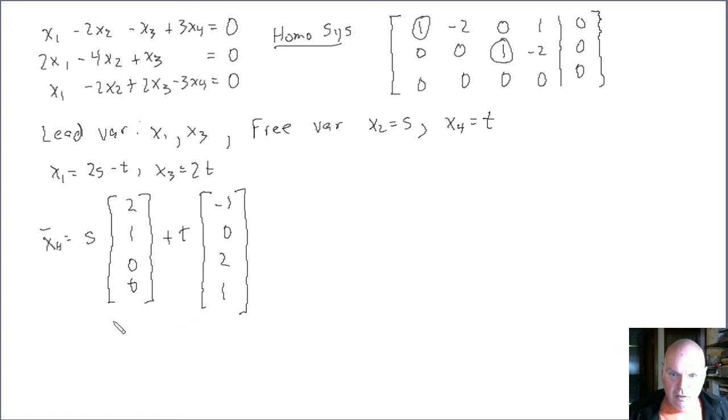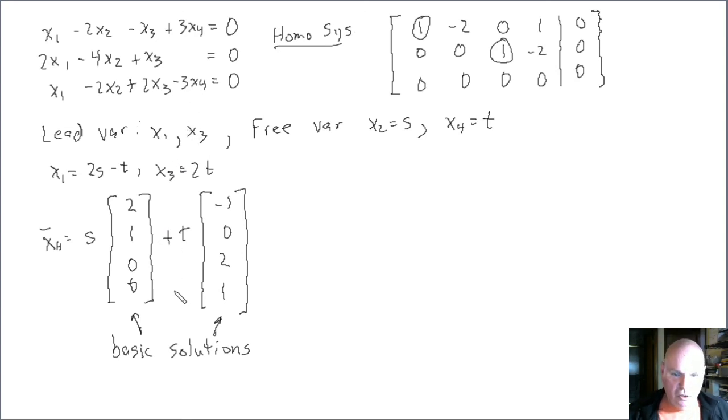The column vectors here are known as basic solutions to the homogeneous system. These are not solutions to the original non-homogeneous set of equations. Remember, I have to add in a particular solution in order to get a solution to the original non-homogeneous set of equations. But the basic solutions individually would satisfy the homogeneous system.